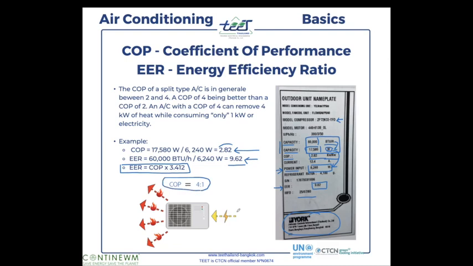4 means that for 1 kilowatt of energy from the power that you use, you can remove 4 kilowatt of heat from the house, okay? So you use 1 kilowatt, you remove 4.